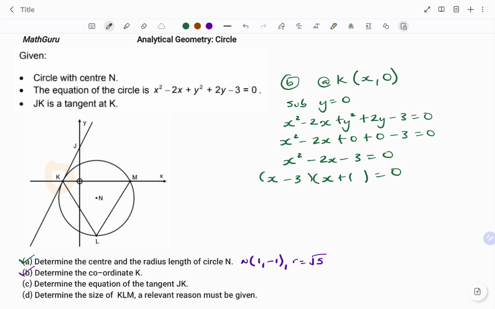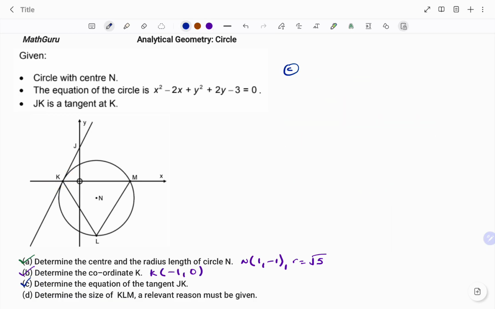So therefore, x minus 3 equals 0, x equals positive 3, and the next value of x, x plus 1 equals 0, x equals -1. If you look at the position of K, it's on the negative x-axis, so therefore the coordinates of K will be x equals -1 and y equals 0.